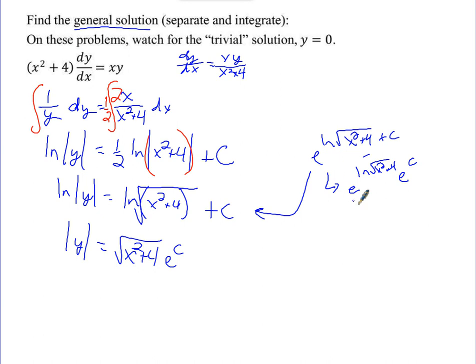So this simplified to that, and then I still have that e to the c. And what is e to the c? Yeah, it's just another constant. So really I could have been calling this c1 the whole time. And then when I make e to the c1 just a constant, then I can write c out front. So now I have the absolute value of y equals c square root x squared plus 4.